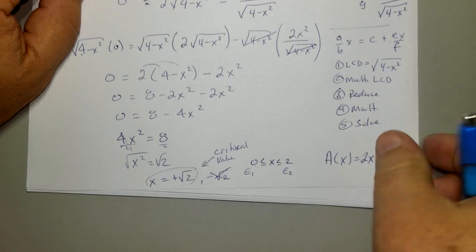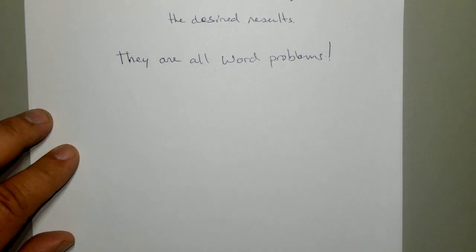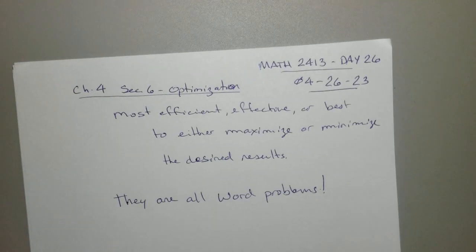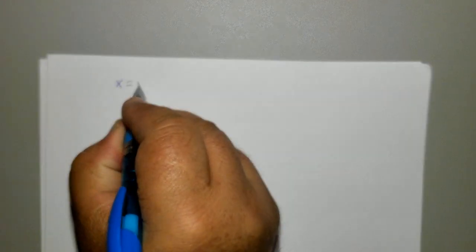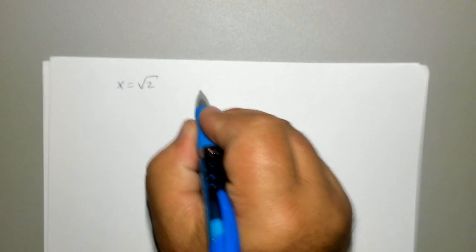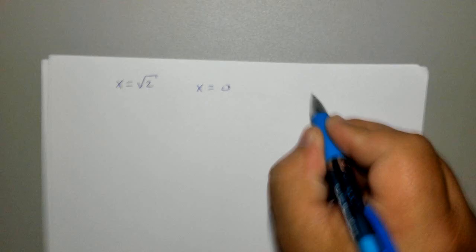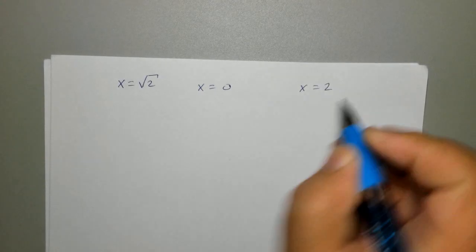What you got? We have x equals radical 2, x equals 0, and x equals 2.